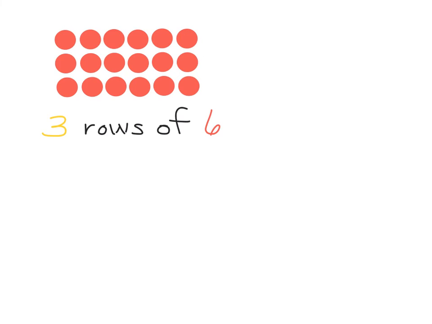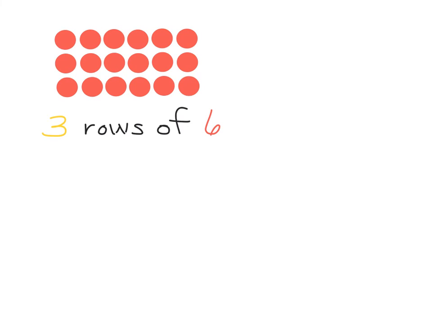So how many circles in all are there in this array? Well, remember, we can use addition to find the total amount, because in an array we have equal groups. So we have 1, 2, 3, 4, 5, 6.